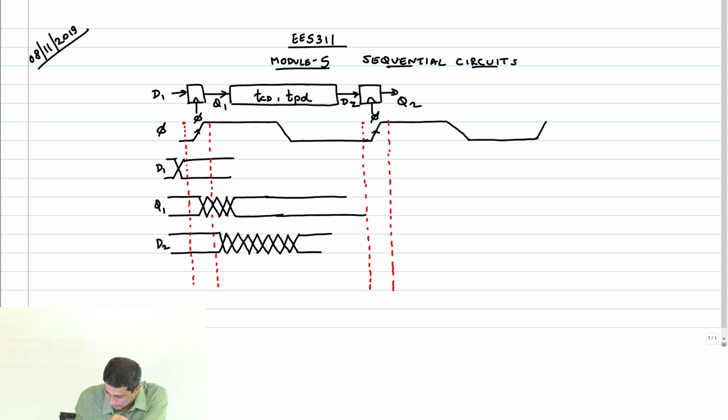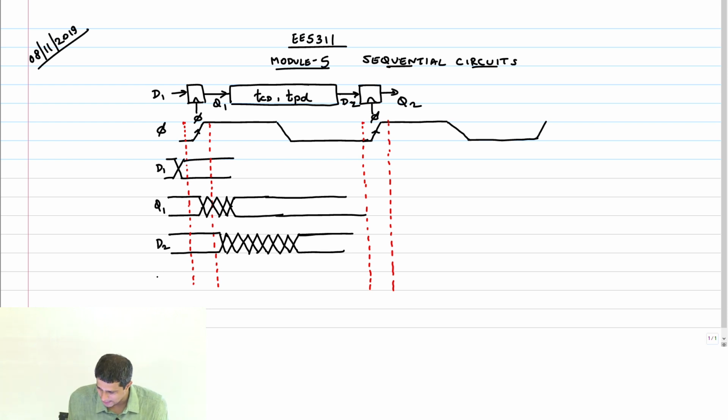As soon as this Q1 starts changing, there can be a path in the combinational block which will actually race to the output, and therefore you don't have to wait for the propagation delay to finish for the combinational block output to start changing. So therefore the contamination path can start earlier.